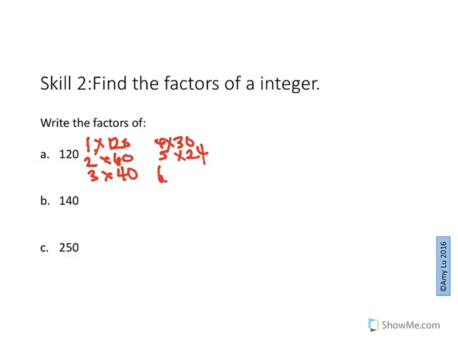These are factor pairs, by the way. 6 times 20, 8 times 15, 10 times 12, and that's it for 120. So these are all factor pairs. You can also write them in order: 1, 2, 3, 4, 5, 6, 8, 10, followed by 12, 15, 20, 24, 30, 40, 60, 120.